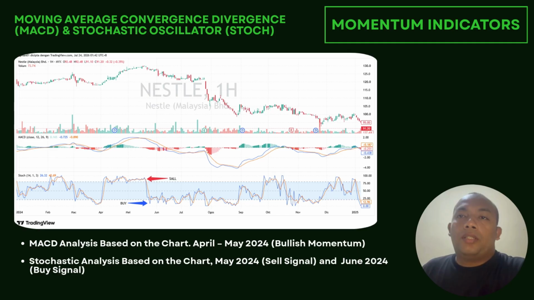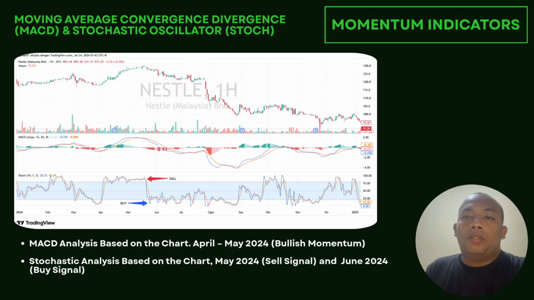The next indicators are the moving average convergence divergence or MACD and the stochastic oscillator. The MACD created a bullish signal during April and May 2024, supporting the upward price movement. However, it later followed with a bearish signal as the stock went into the downtrend.